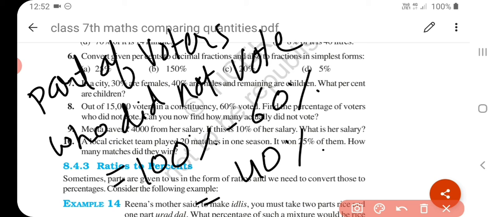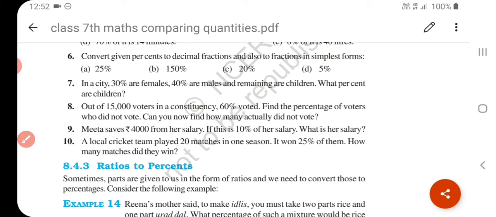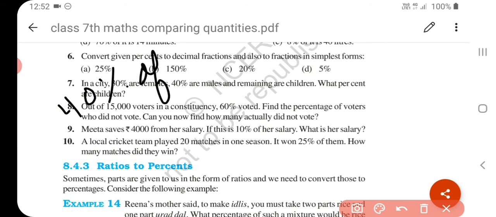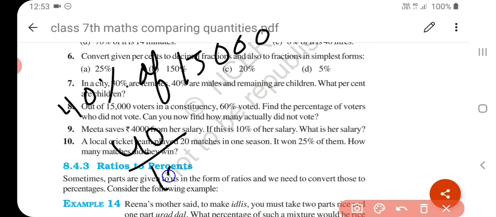So out of 15,000, 40% are people who did not vote. So we have to find how many people did not vote. So 40% of 15,000. 40 upon 100 into 15,000.